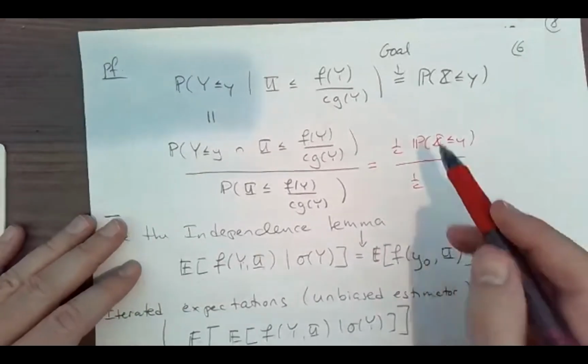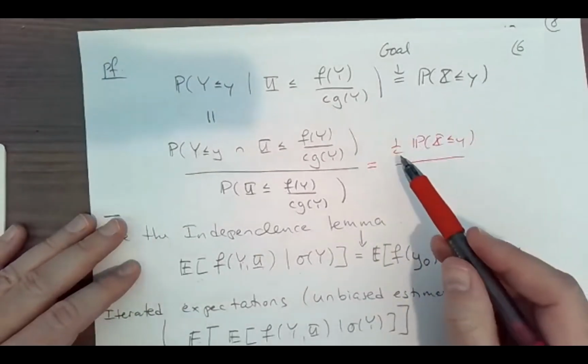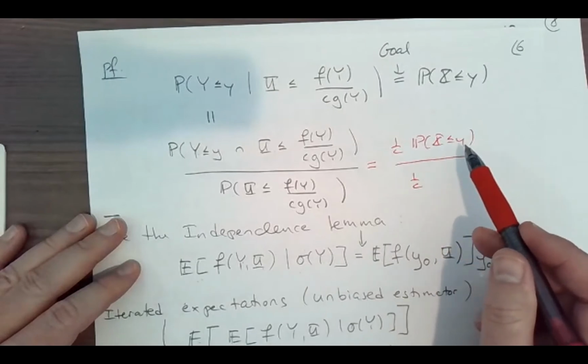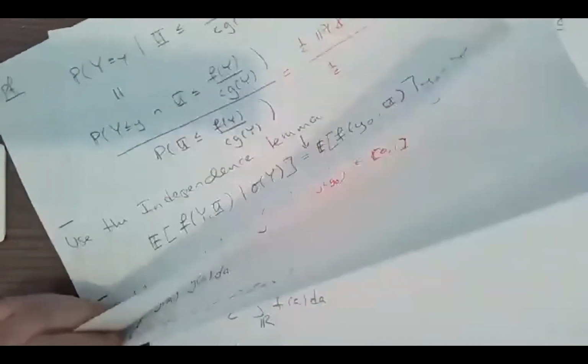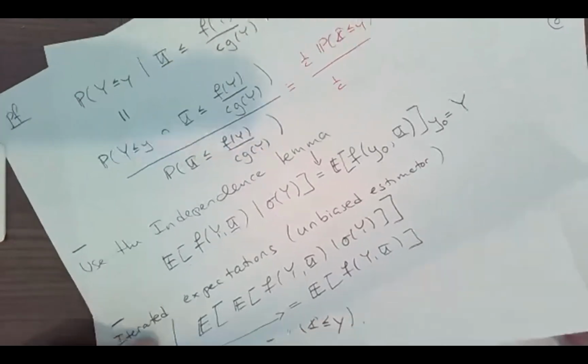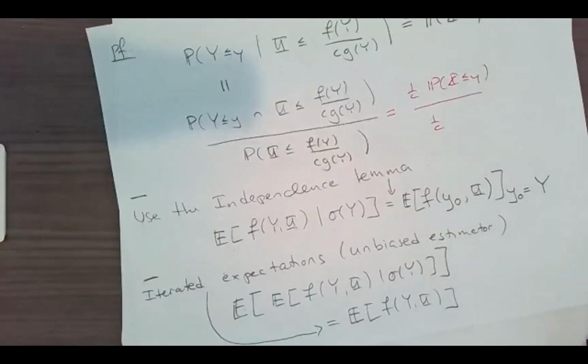Now, of course, the constants will cancel out. I'll just get p of x less than y, and this is what we wanted. So the algorithm works, which is, of course, necessary, otherwise you wouldn't look at it.